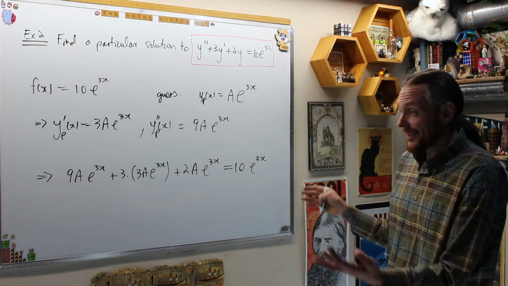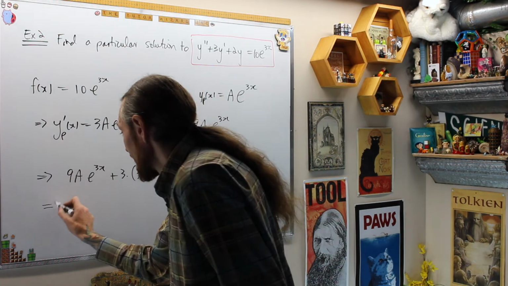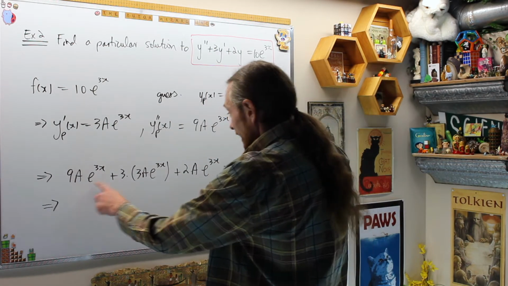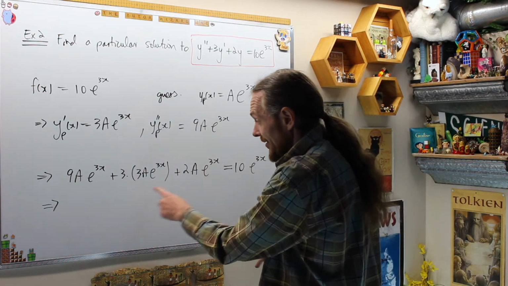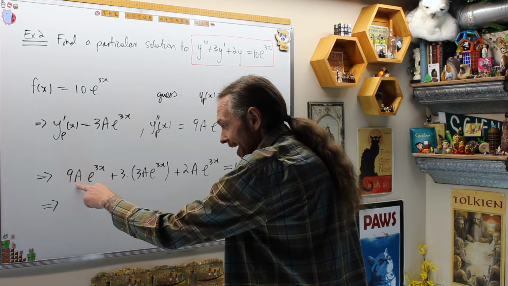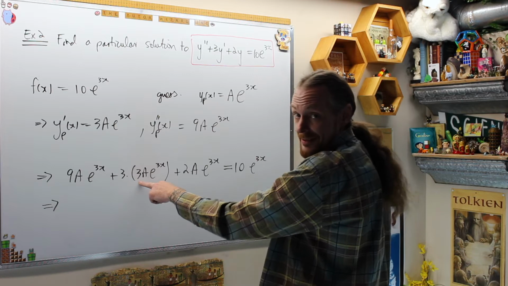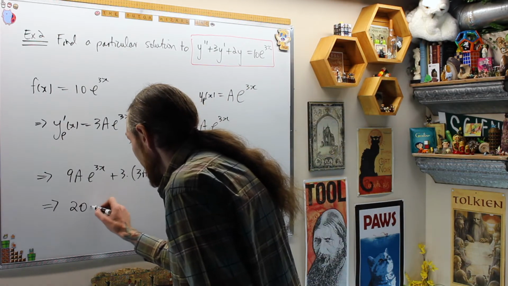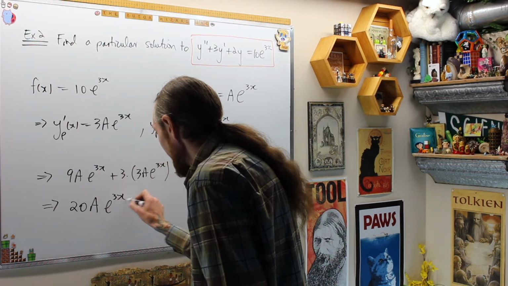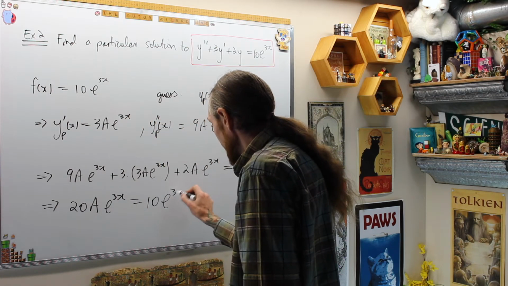But first, let's clean everything up. I have e to the 3x in all the terms, so we could cancel it, but right now just group everything together. I have 9a, and then 3 times 3 is 9a again, and then 2a. So I have 20a e to the 3x equals 10 e to the 3x.